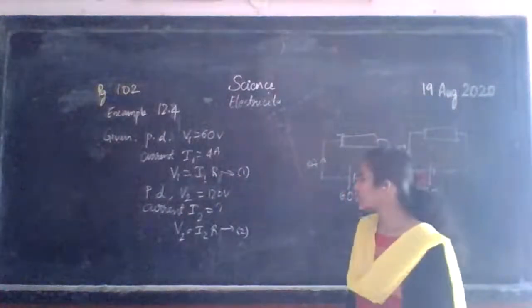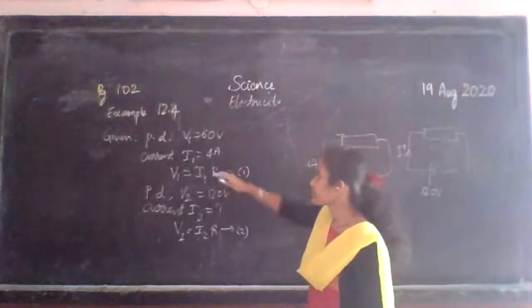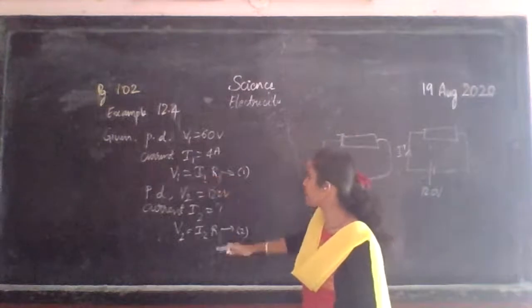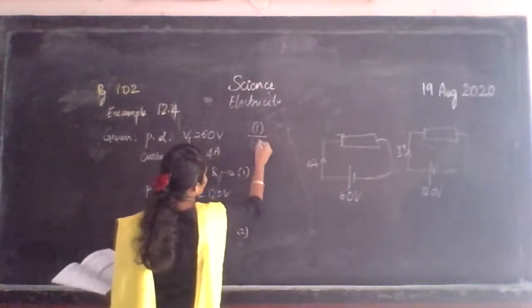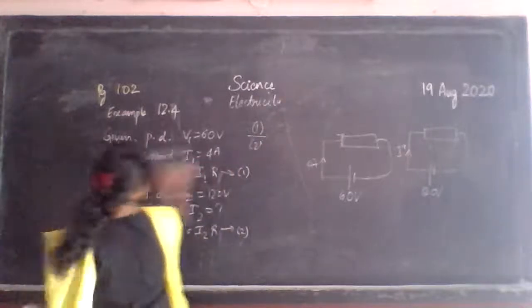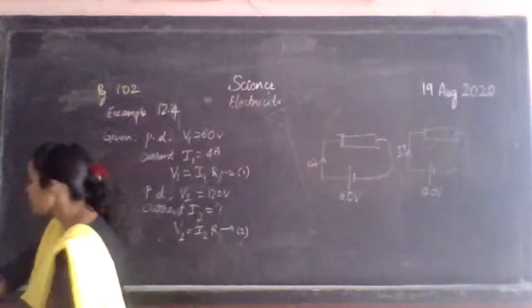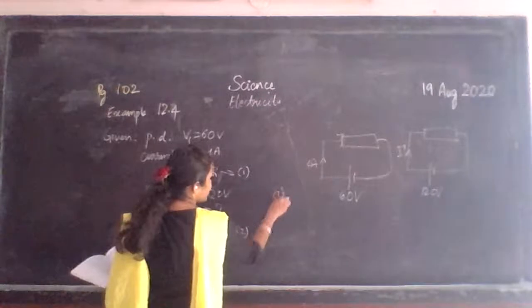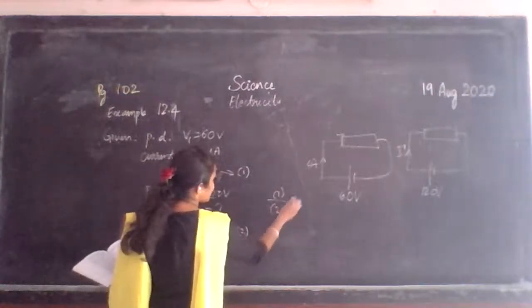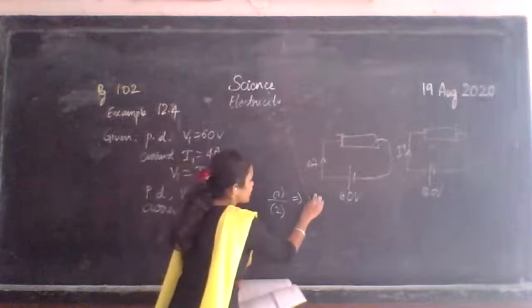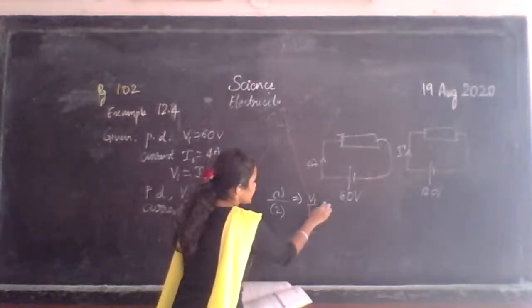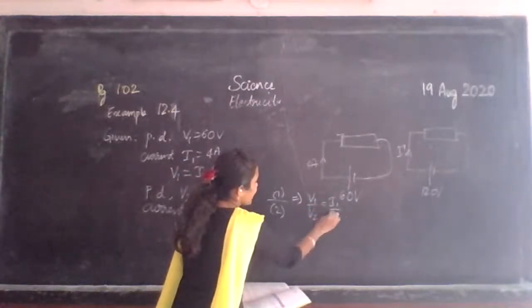Now I will just divide equation 1 by equation 2. What is it going to give? V1 by V2 is equal to I1 by I2.